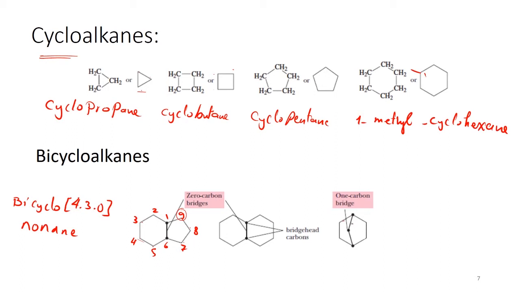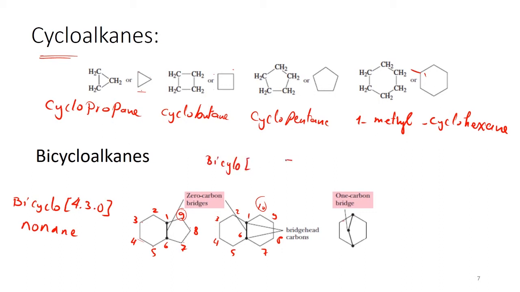Let's look at this structure. If I number, I can number from any side. So I have here 2 hexa rings, and in that case my parent chain would be 10 carbon atoms. I would write the word bicyclo.